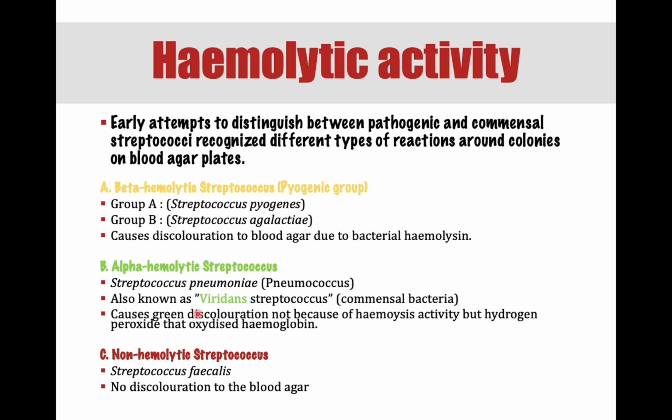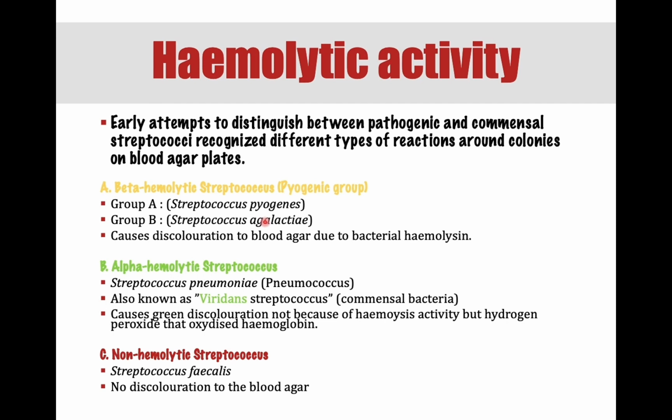Now let's learn about beta hemolysis. Beta hemolytic Streptococcus gives a yellow discoloration, hence the yellow in the subtitle here. When we grow beta hemolytic Streptococcus, for example Streptococcus pyogenes and Streptococcus agalactiae, it gives a yellow color around the colonies.